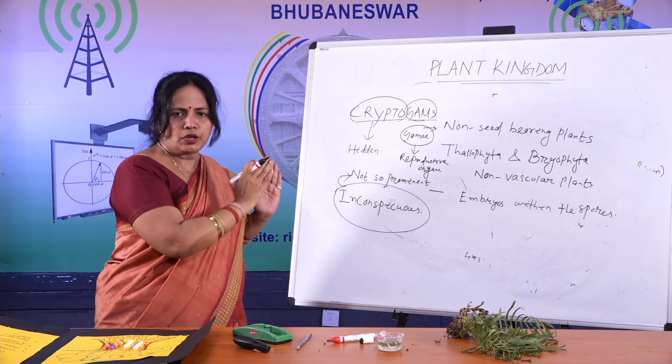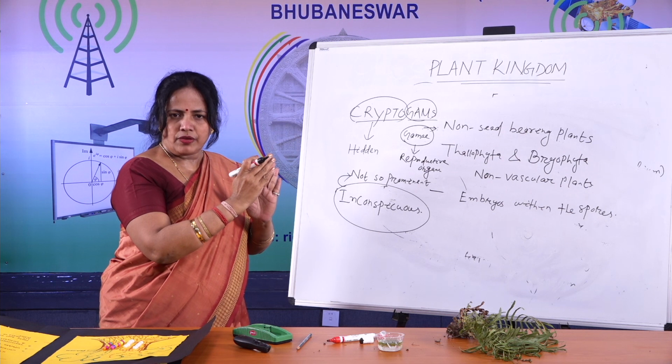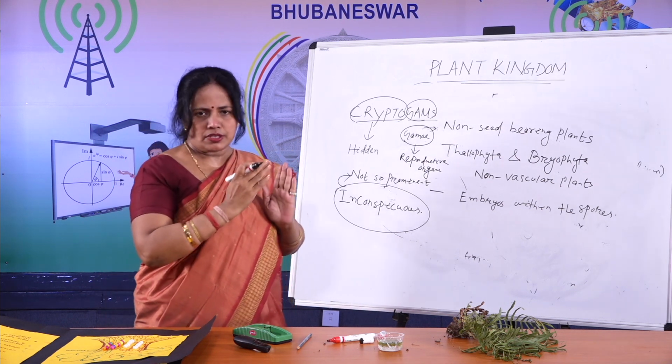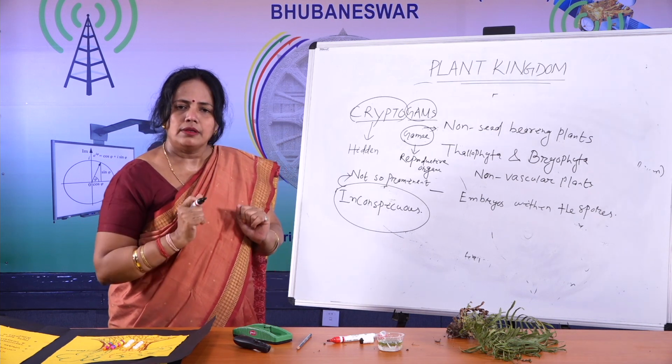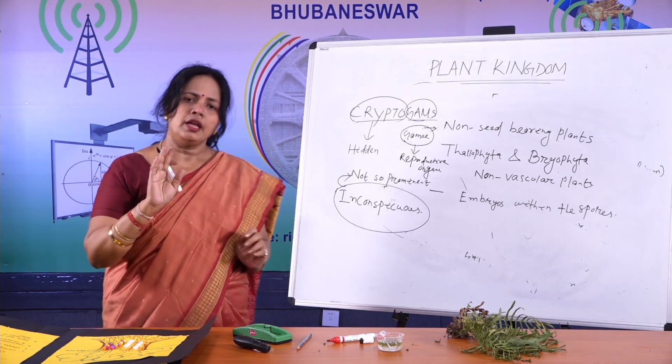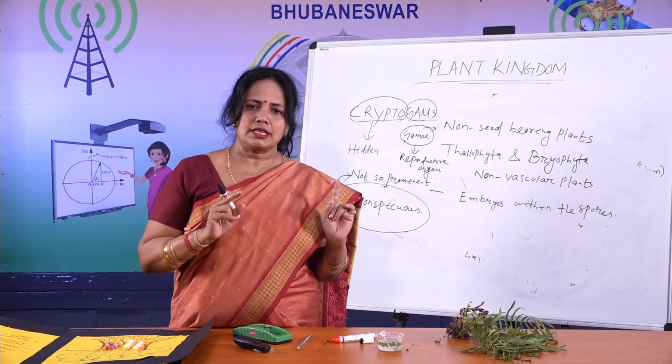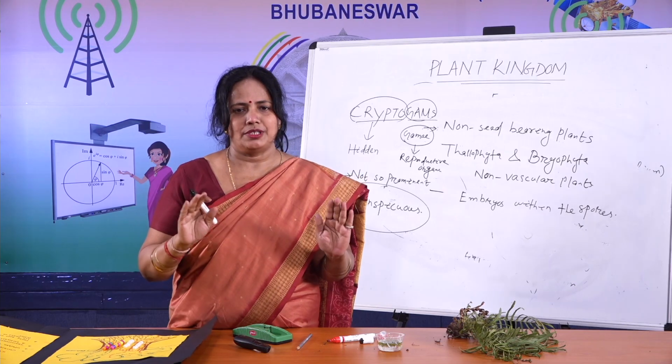Thallophytes, plant body not differentiated; bryophytes, plant body is a little bit differentiated but absence of vascular tissues; and pteridophytes, completely differentiated and having vascular tissues. So, you can utilize this concept for answering a variety of questions. Thank you.